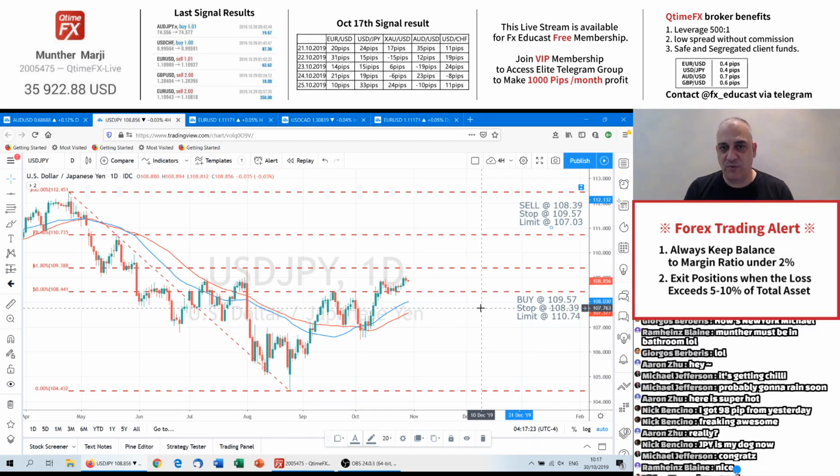A buy would be justified with a stop at 108.39. As you can see here, the entry for the sell is the stop for the buy, and the entry for the buy is the stop for the sell. So if we buy at 109.57, our stop will be at 108.39, and our limit will be more than 100 pips at 110.74. This is what I think about the dollar yen for today.